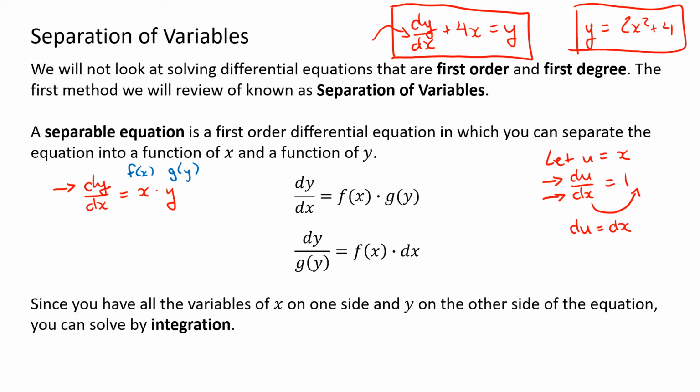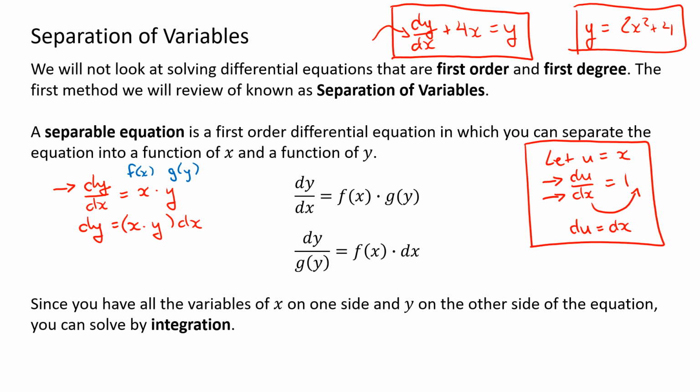Okay, but if we take this in steps, remember back to our substitution that I showed you here. You could move the dx to the other side of the equation. And if you do that, you get that dy is equal to x times y times dx. Well, now you're almost there.